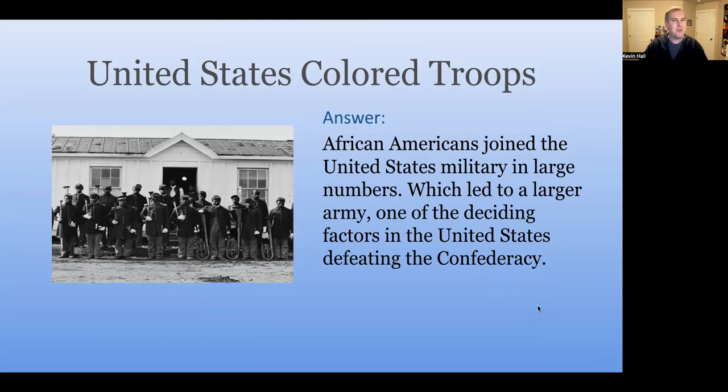Pretty genius move on the part of Abraham Lincoln, by using that legal argument to say, oh, so you're treating your slaves like property? Okay, I'll work with that. And he ended up setting them free and winning the war and bringing the country back together and ending slavery. Boom, he just did that, right?